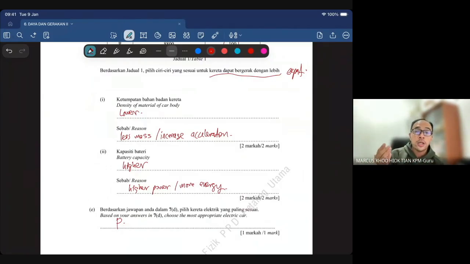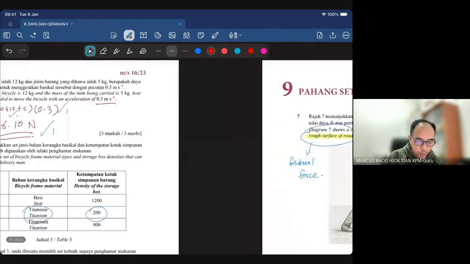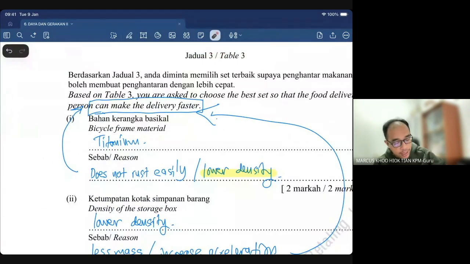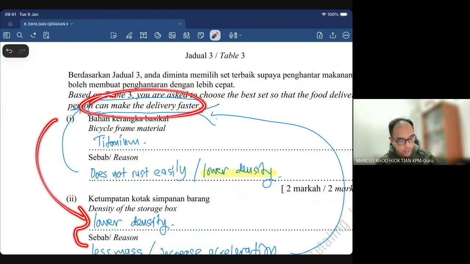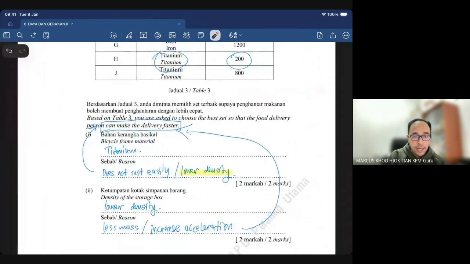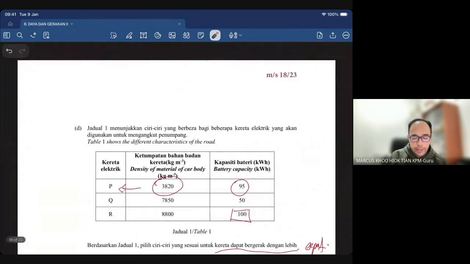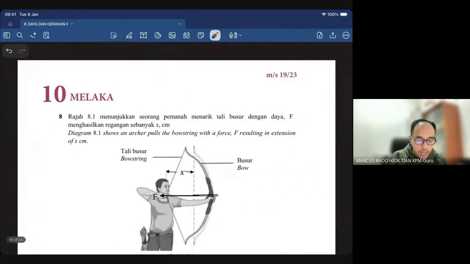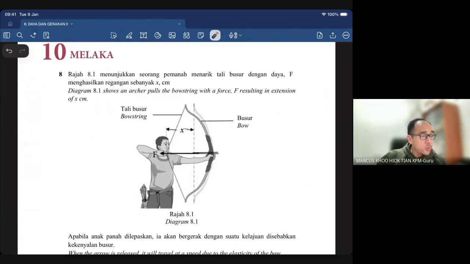Just to remind you, which is an important thing, make sure that the stuff in the question does not appear in your answer. So you have to write it in different ways. In this particular case, writing it as increased acceleration is easier. All right, Malacca, we're slowly coming towards the end.